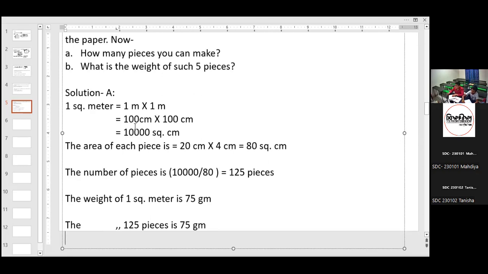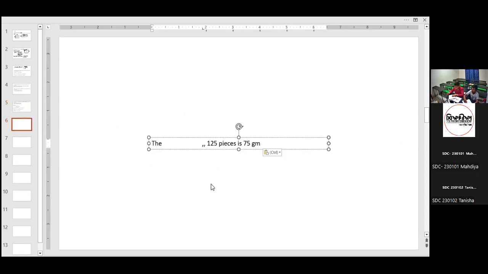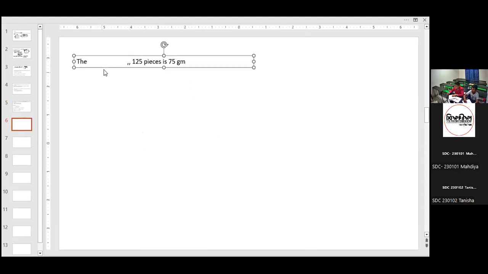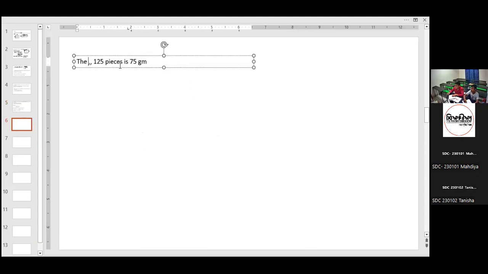So ultimately 75 pieces weigh 75 grams. So we can say that the weight of one piece will be 125 divided by 125.